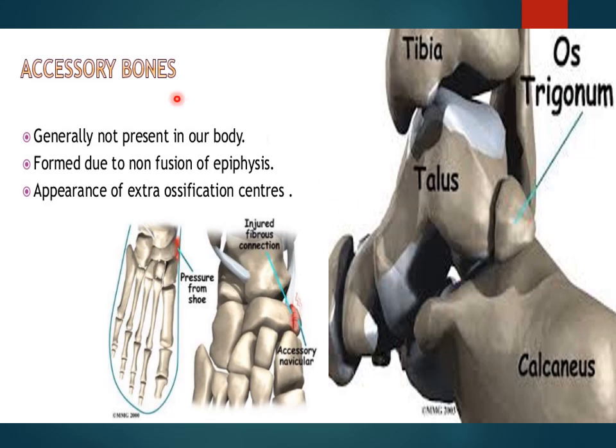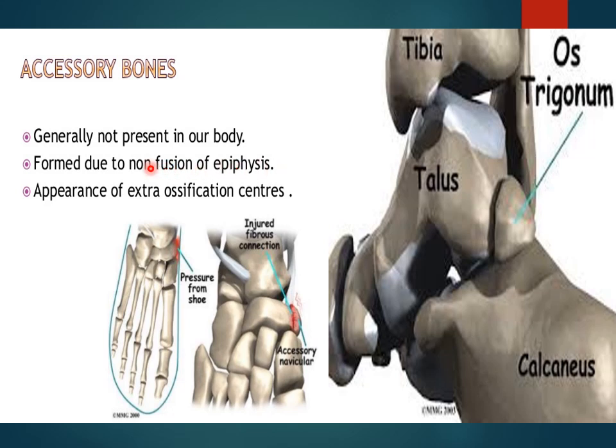The next type of bone according to shape is the accessory bones. These are bones which are generally not present in the body. They are not always present, but if they are present, then we label them accessory bones. These are classified into the supernumerary, Wormian, and heterotopic bones.